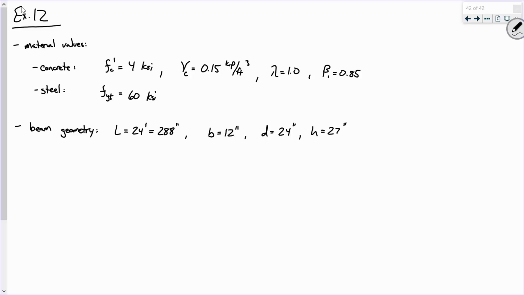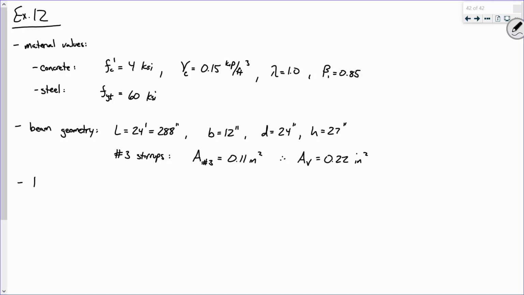Number 3s. Okay, if we have number 3 stirrups, the area of a number 3 is 0.11 square inches, but that means the area in shear is 0.22 square inches. Is everybody okay with that? Again, we have a U-shaped stirrup, so there are 2 bars that are going to cross a given crack.